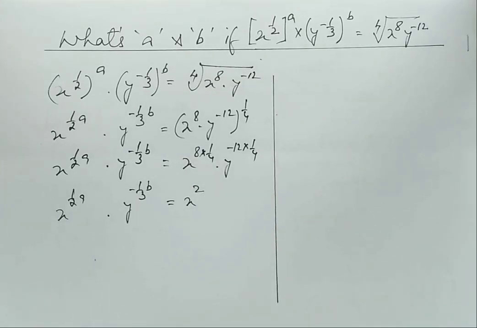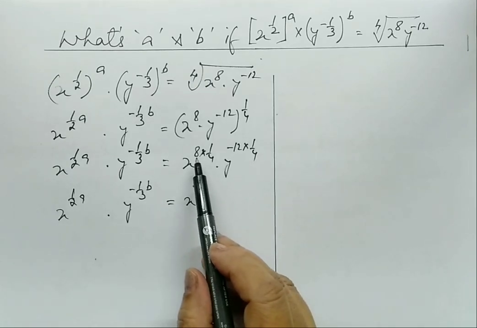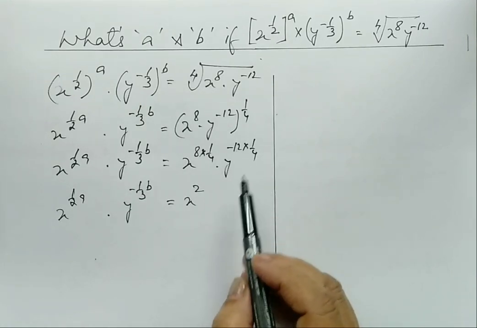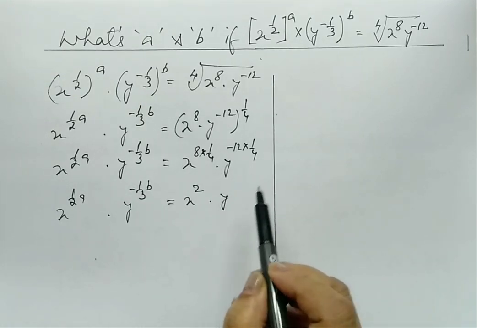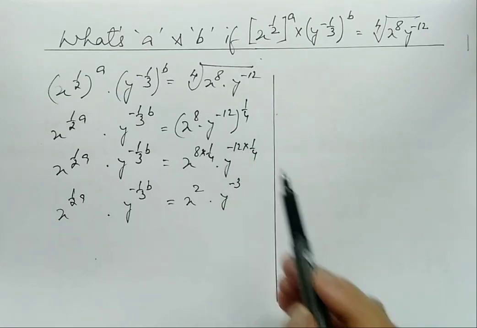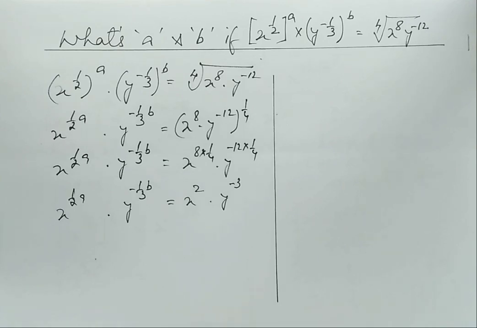Alright guys, isn't it? 4 2s are 8, and in this case I have this power of minus 3 having cancelled. Correct guys? Now the picture is somewhat clear, isn't it?